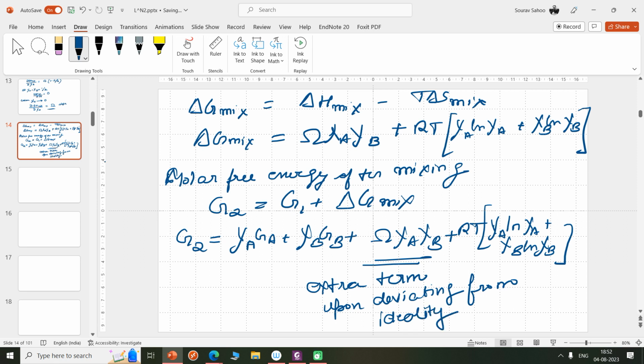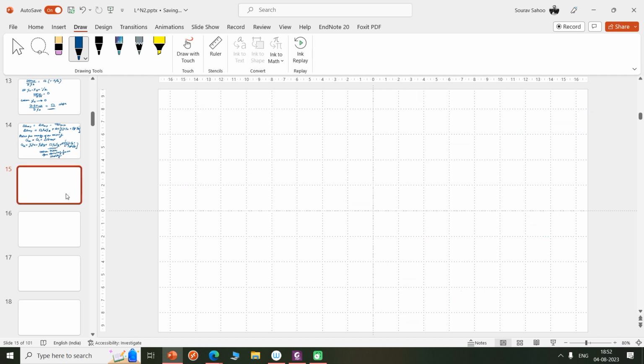Okay. Right. So you can go ahead and do the derivation. We'll see it in one of the numericals as well. On doing the derivation and comparing with our earlier equation, where mu A was termed as the coefficient of chi A, that will give us Ga plus RT ln chi A plus omega (1 minus chi A) squared.